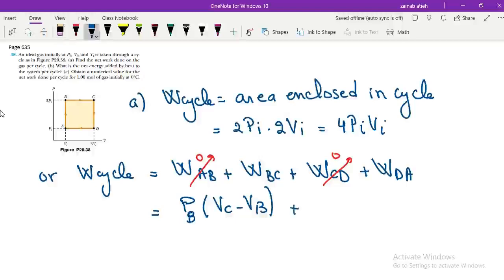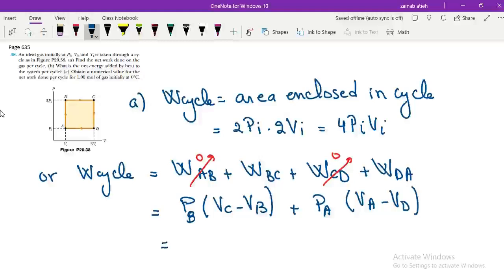Plus work DA, you can use the pressure of A or the pressure of D, both of them are the same, so let me call it of A. So final minus initial, VA minus VD, it's P delta V. All of them have a constant pressure anyway. So delta V is final minus initial.